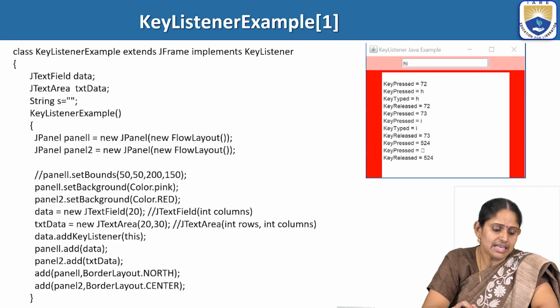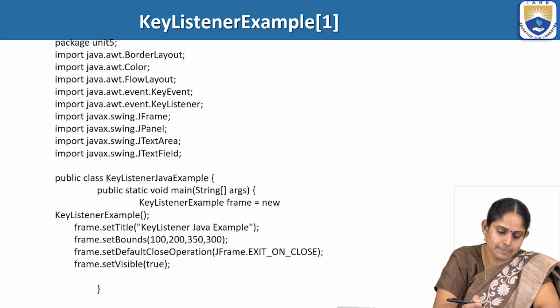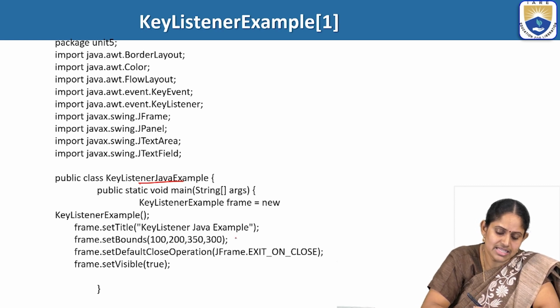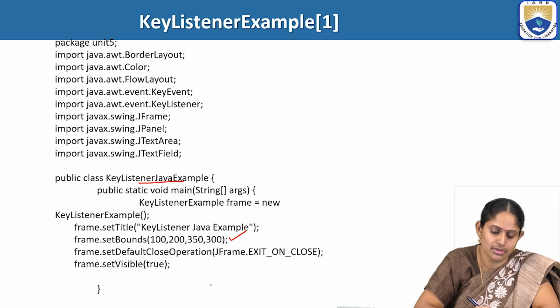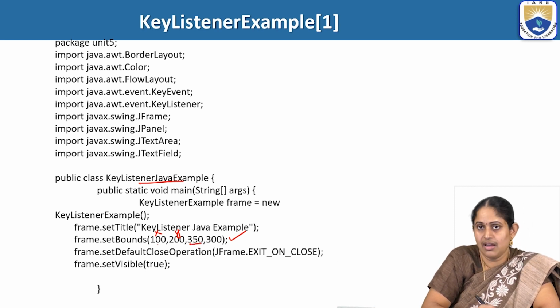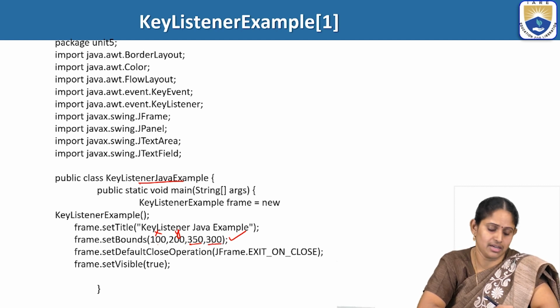So in our example, we have the main method inside the KeyListenerJavaExample class, and we are setting the frame bounds to start at pixel point 100 and 200, and its length and breadth will be 350 by 300.